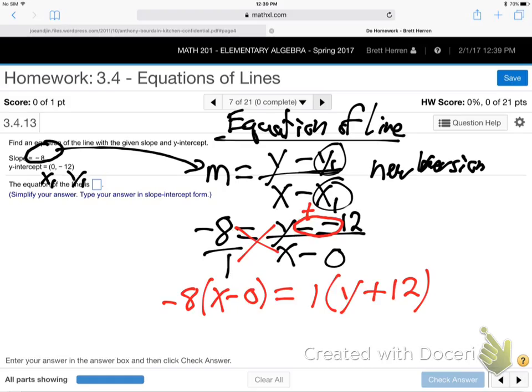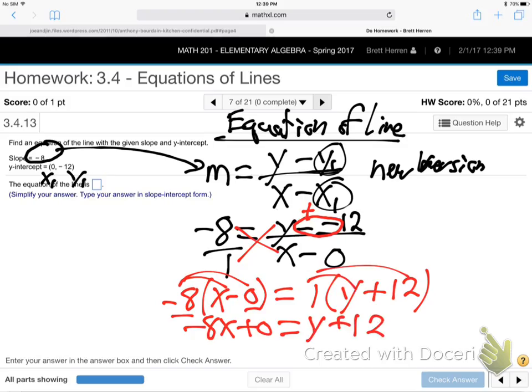So I'm going diagonal, -8 times x minus 0, and diagonal, and laying them flat. Everybody see that? Diagonal, diagonal, laying them flat, and boom, boom, -8x. And we're distributing. What is -8 times 0? 0. Just 0. Plus 0, minus 0, whatever, it's just 0, huh? And 1 times these guys, y plus 12. Everybody good to there so far?